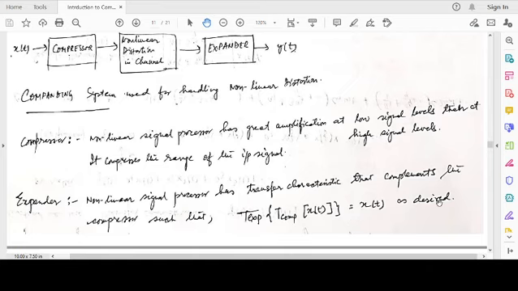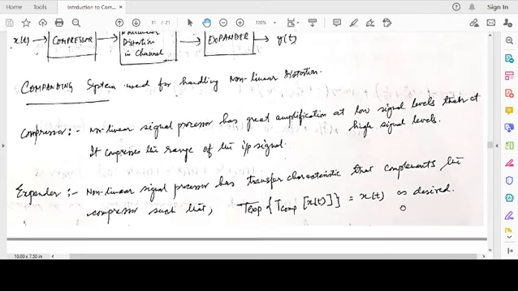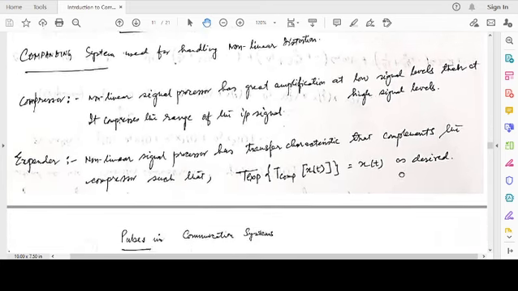Okay, so it just does the opposite thing. For lower signal levels it applies less amplification, for higher signal levels it applies more, and hence gives you the original signal back. However, these things are challenging to design. Anyway, but that has been very successfully implemented in many practical communication systems.